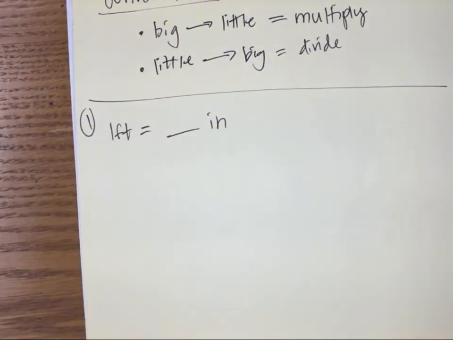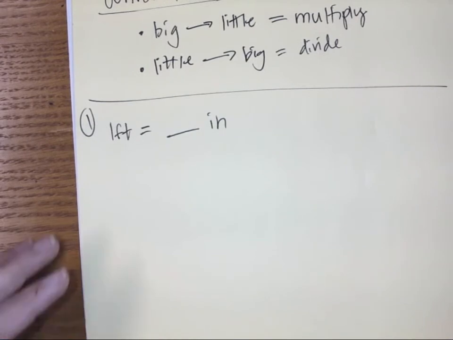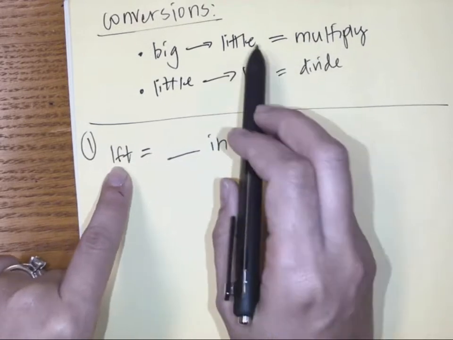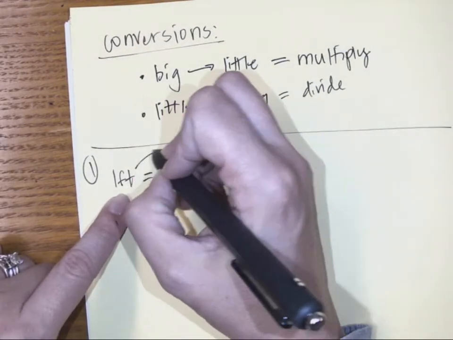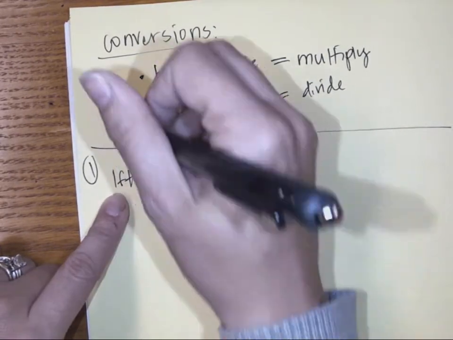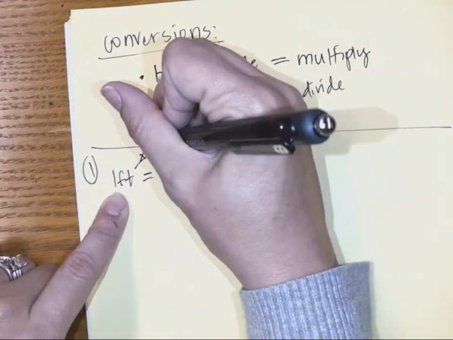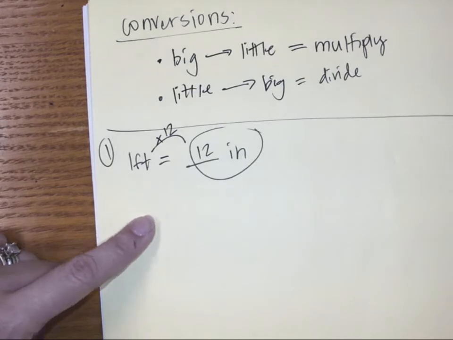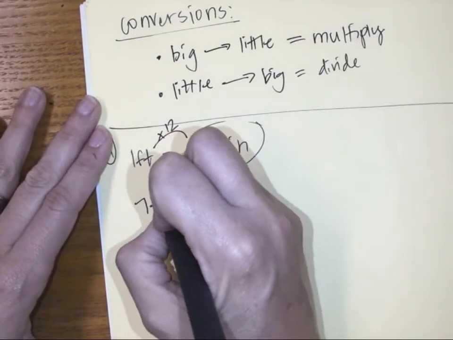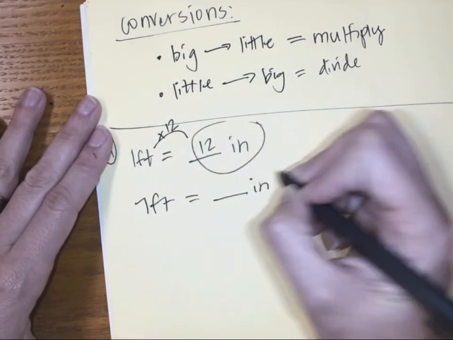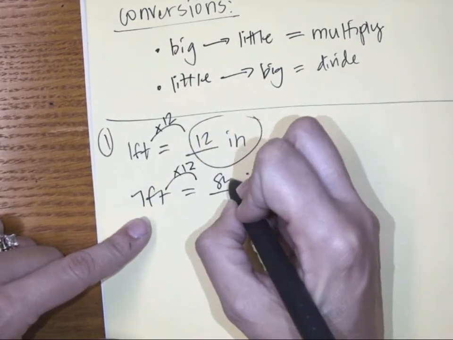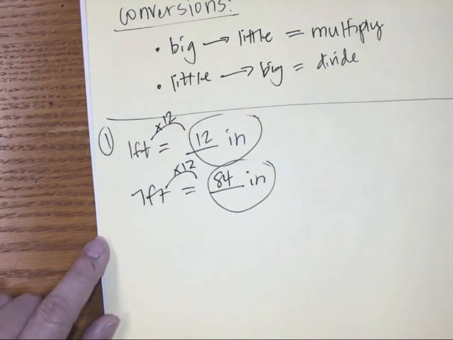Well, in this case, we are going from feet, a bigger measurement, to inches, a little smaller measurement, so we need to multiply by the number of inches in a foot, which would be 12, and 1 times 12 is 12. So if we had a bigger problem, 7 feet equals how many inches? Same idea, still multiply by 12, and 7 times 12 is 84. So 7 feet is 84 inches.